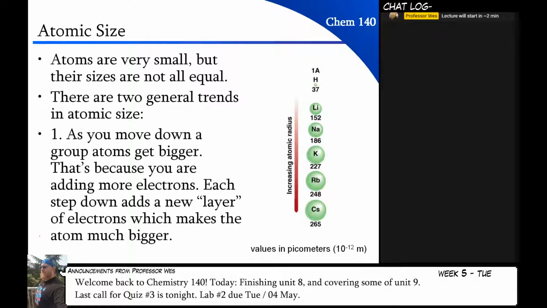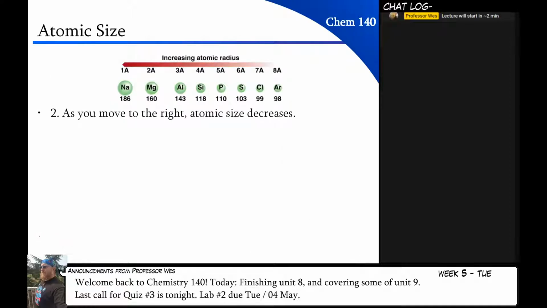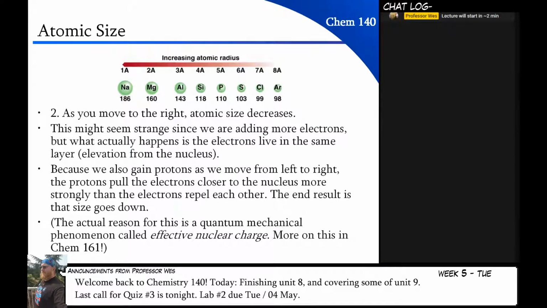Now, if adding more electrons makes things bigger, it would make sense that going left to right would make things bigger too. But it turns out that that's actually the opposite effect of what happens. And there's a specific reason for this that we're going to cover in quantum mechanics. But the gist of it is that as you go from left to right, not only are you adding electrons, but you're also adding protons.